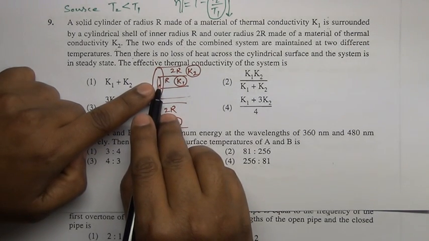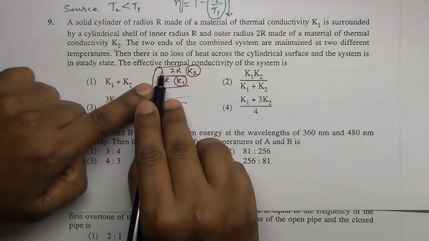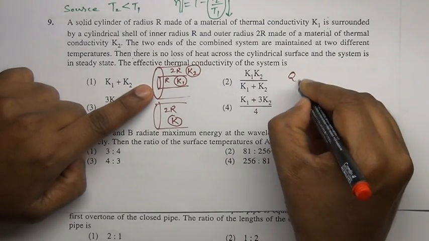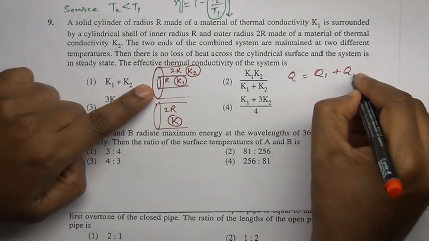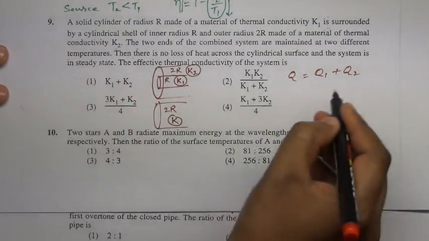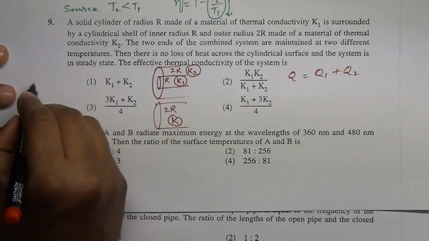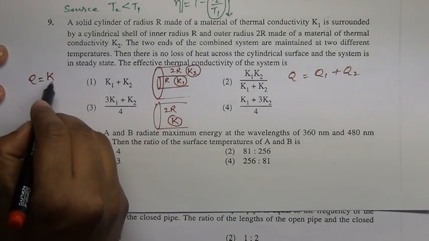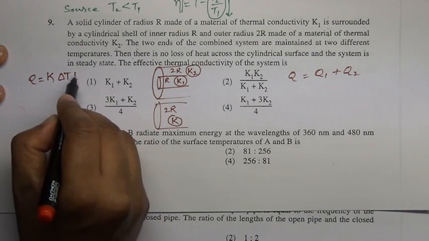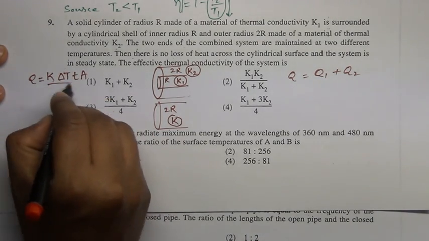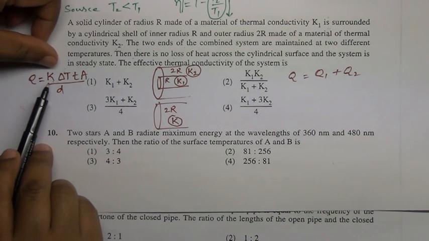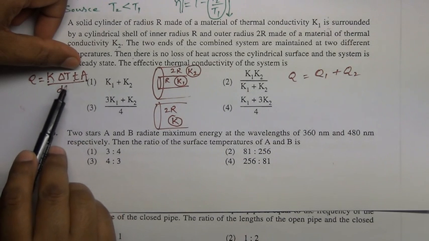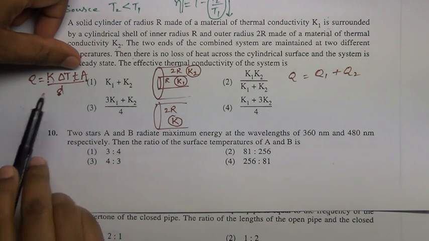The heat conducted by the core plus the heat conducted by the crust equals the total heat. So I can write Q equals Q1 plus Q2. The expression for the heat energy conducted is thermal conductivity, temperature difference, time, area of cross section, divided by thickness. Let me repeat: thermal conductivity, temperature difference, time, area of cross section, divided by the thickness of the conductor.